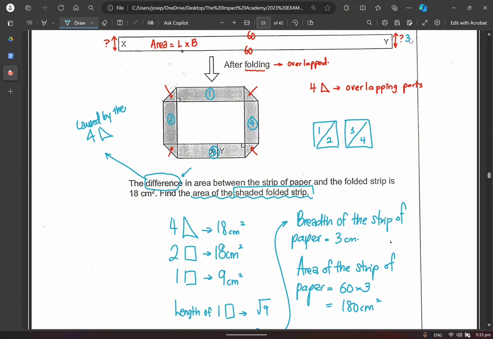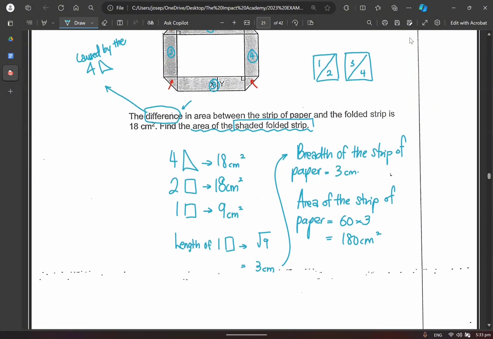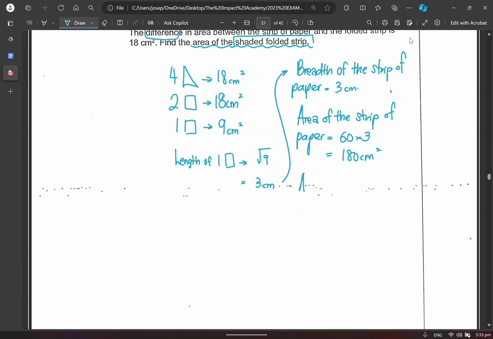You know that the difference in area between the strip of paper and the folded strip is 18. So to find the area of the shaded folded strip, you write down 180 minus away 18. And that is the reason why your answer for this question has to be 162 centimeters square.